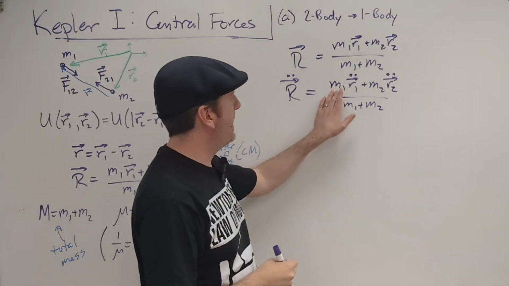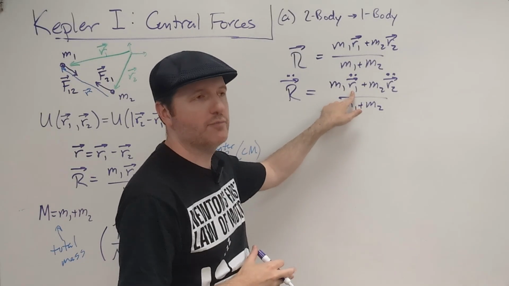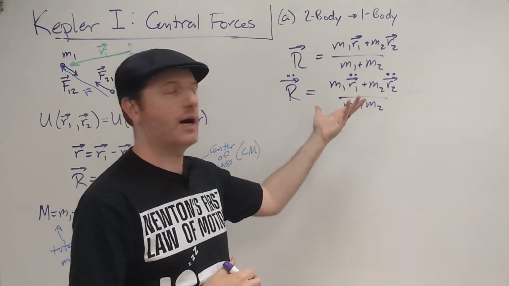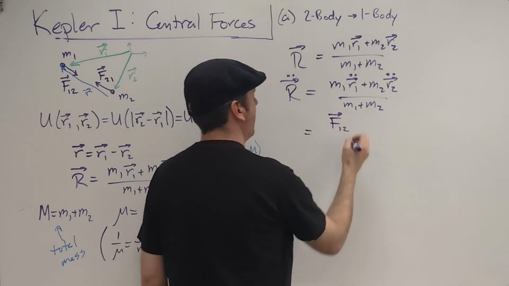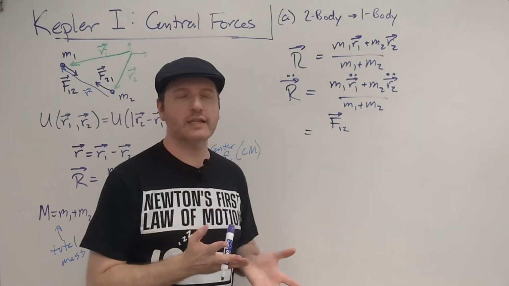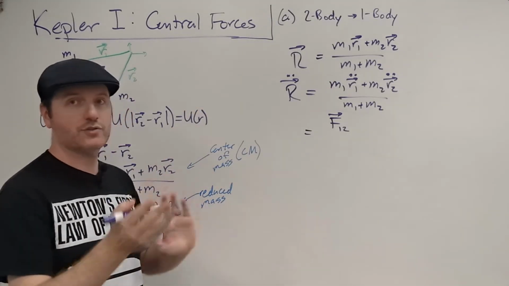Okay, now mass 1 times the acceleration of position 1, or object 1, well, that's just the force on object 1. And there's only one force acting on object 1, it's F12. We're assuming this is an isolated system, so there are no external forces. It's just the two forces, 1 on 2 and 2 on 1.